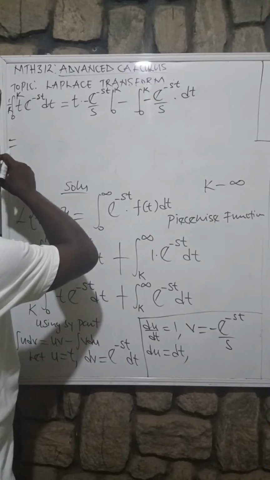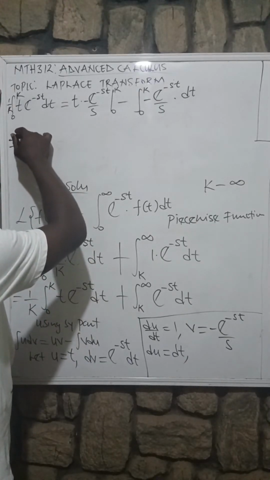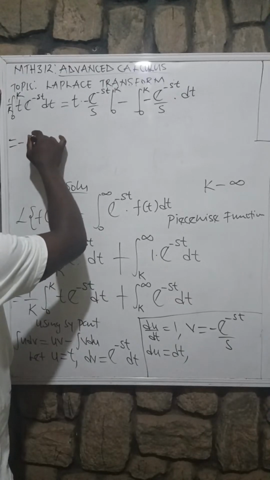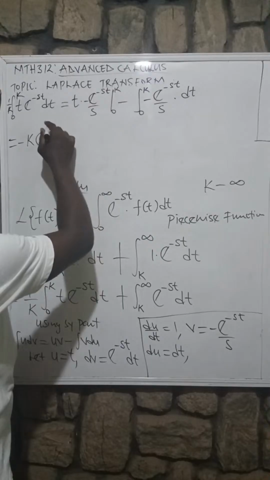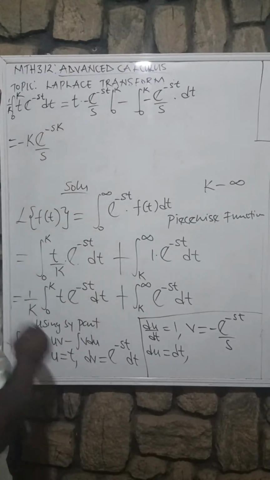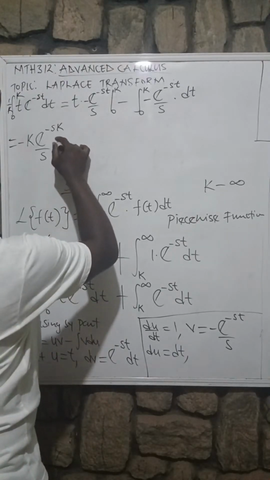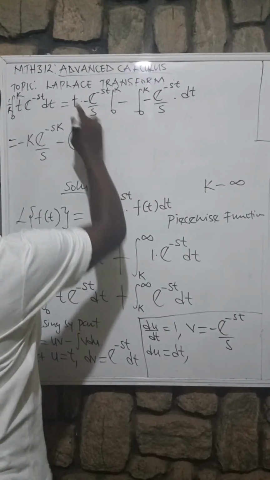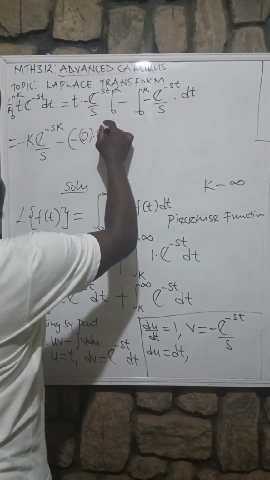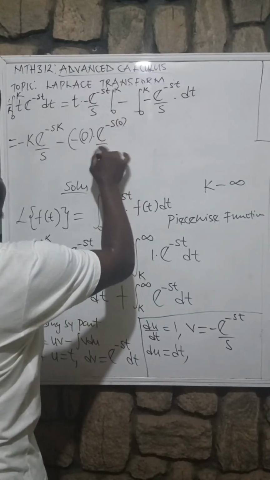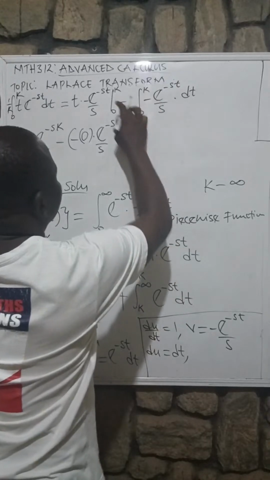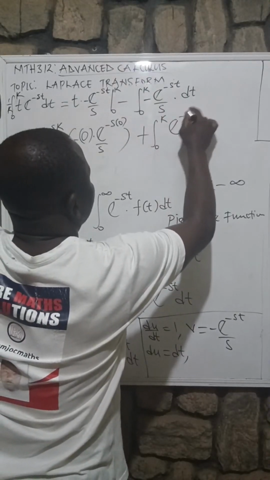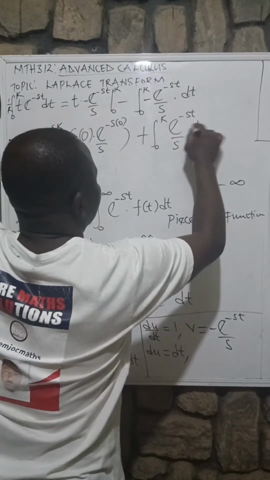So when we substitute in the k, we are going to have k times, here will be minus, minus k times exponential minus sk all over s, then minus, open bracket, you substitute in the 0, 0 times exponential minus s 0 all over s, then minus times minus plus the integral from 0 to k of exponential minus st all over s times dt.